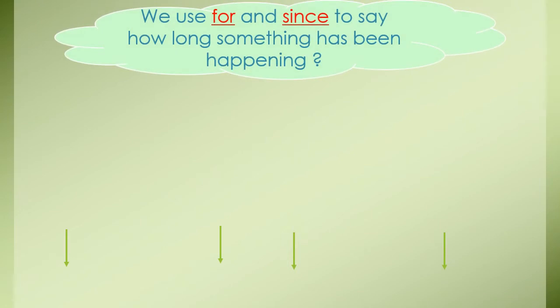When we want to ask how long something has been happening in present perfect continuous tense, we use for and since. Yes, try to read this. We use for and since to say how long something has been happening.